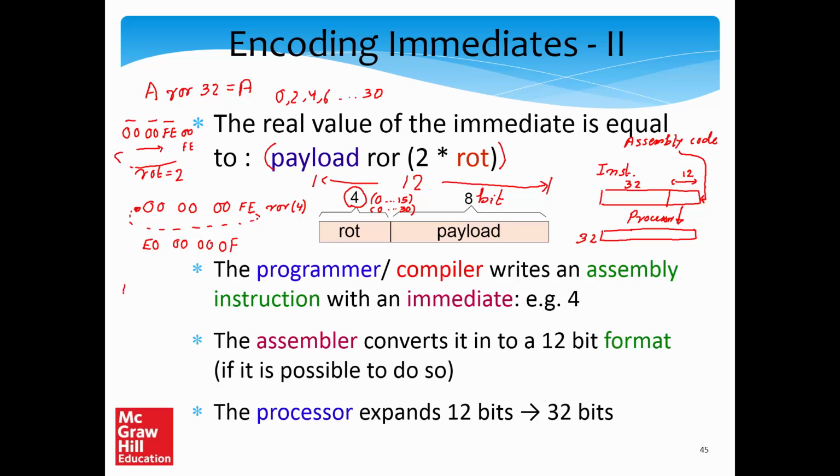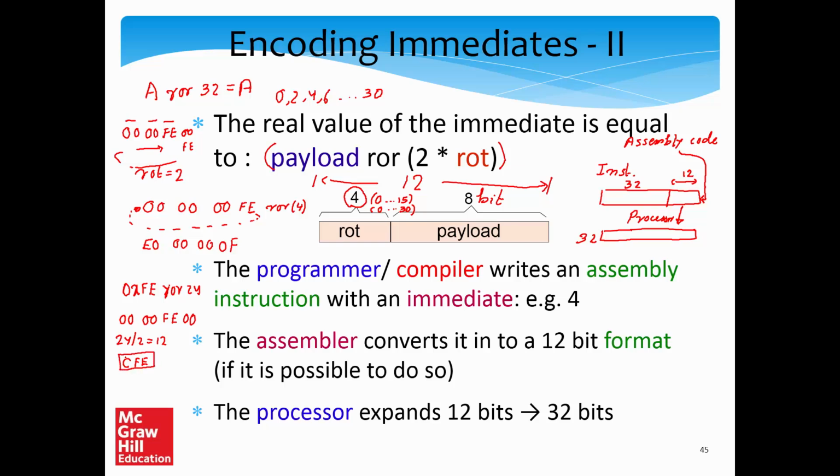So basically, 0xFE right rotated, ROR 24, is essentially this number over here. Its encoding would be, 24 divided by 2 is 12, so the ROT field will be 12, that is C, and the encoding is C FE. So this is the encoding of the immediate field.